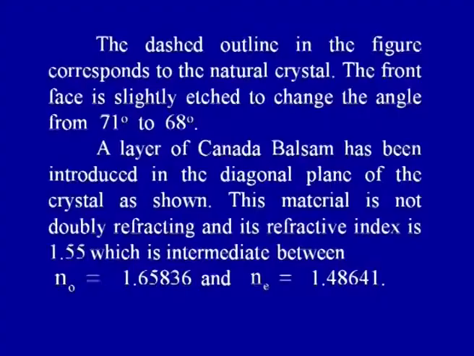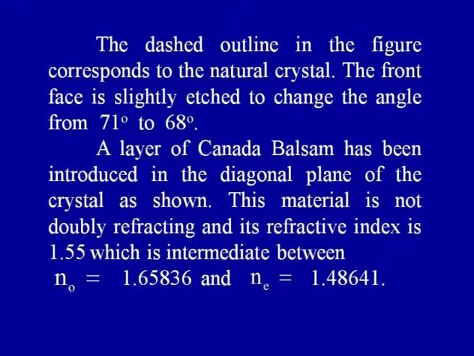See, the dashed outline in the figure corresponds to the natural crystal. The front face is slightly etched to change the angle from 71 degrees to 68 degrees. A layer of Canada balsam has been introduced in the diagonal plane of the crystal as shown in the figure.